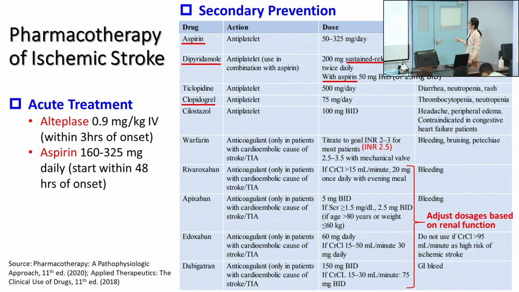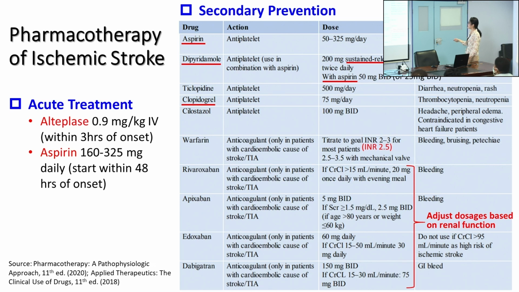antiplatelet therapy. This is usually used for non-cardiogenic stroke. However, for cardioembolic cause of stroke, we may also use the anticoagulants, such as the ones we have just mentioned, the warfarin or the thrombin, the factor 10 inhibitors.